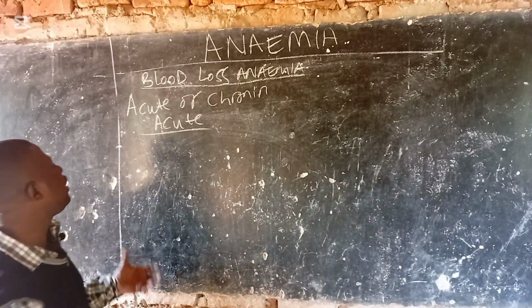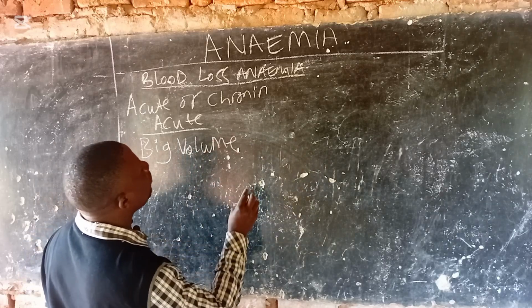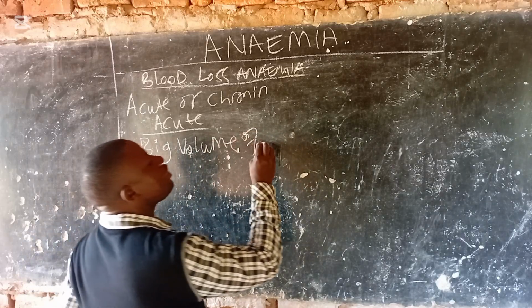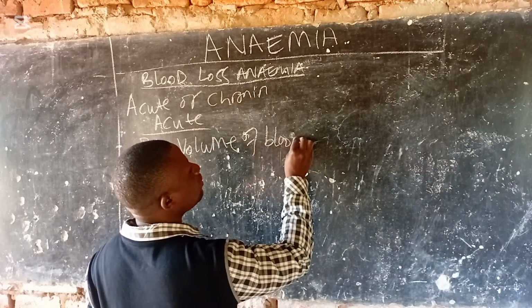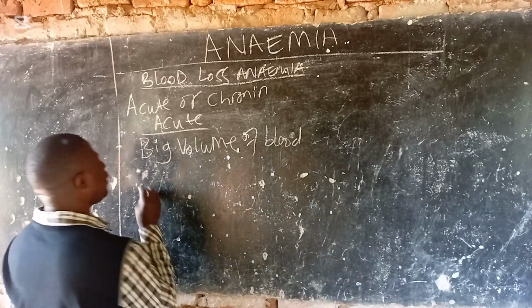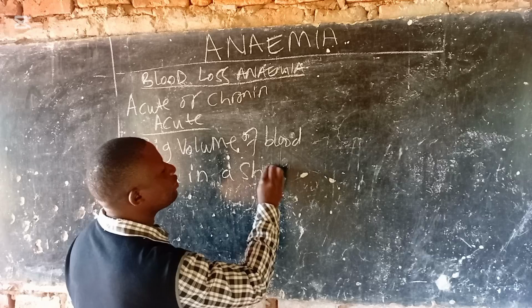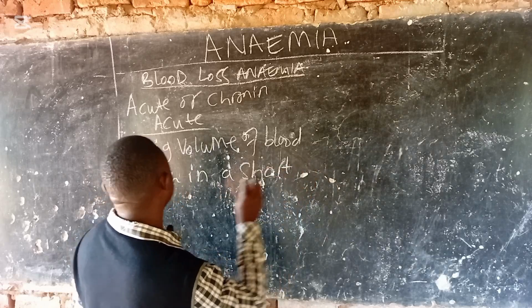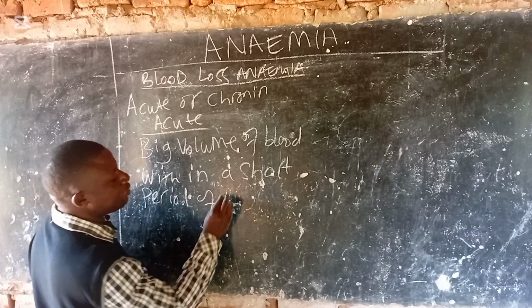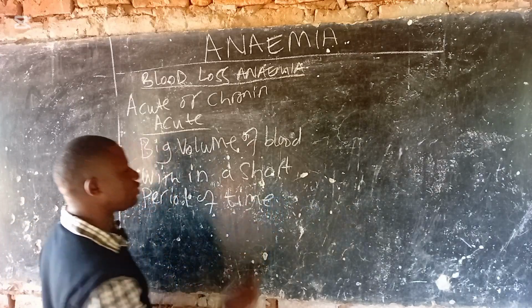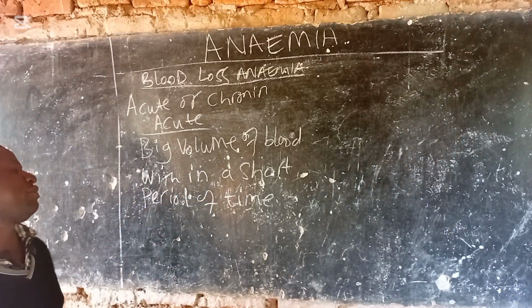Acute loss of blood means you lose a big volume of blood within a short period of time.